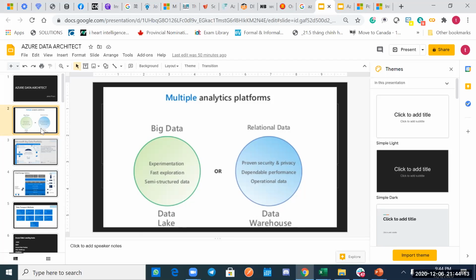Remember, when you talk about relational data, you always need to remember schema on write. And big data is fast exploration, of course, because we have data from devices and different data sources that we need to gather, from semi-structured data to unstructured data. So everything is put in the data lake, and the data is expanding a lot from multiple sources. That is big data.